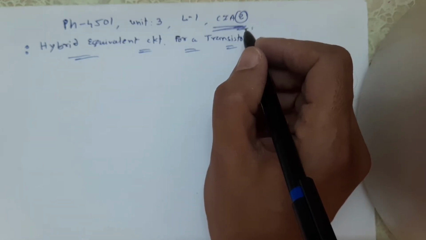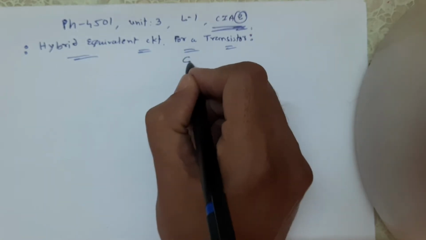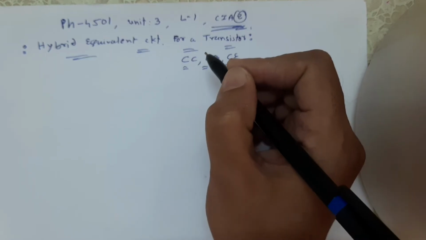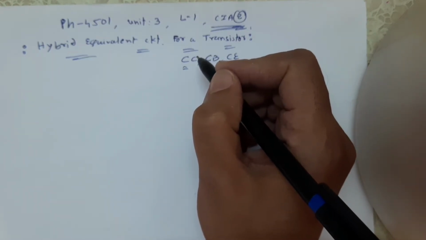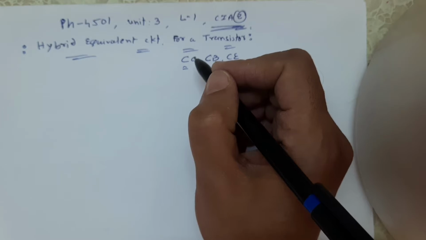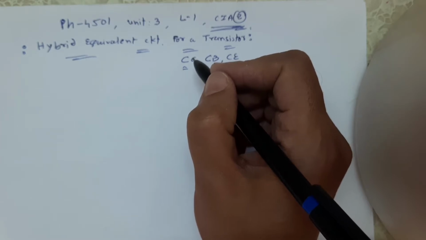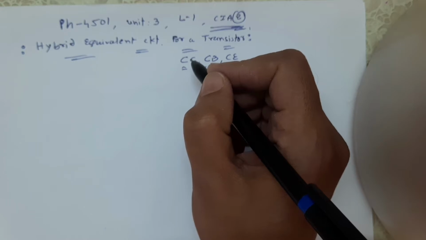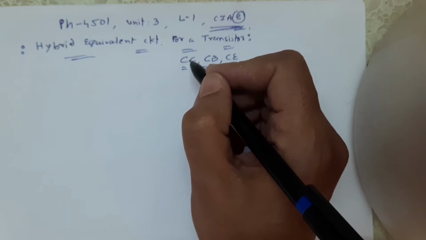However, this gave no real indication of what optimum value to use for RL, that means in common collector, common base and common emitter amplifier circuits, or how the gains and impedance varied with RL and RS. In order to gain a better appreciation of the differences of each amplifier, an equivalent circuit will be developed that is good for the small signal.